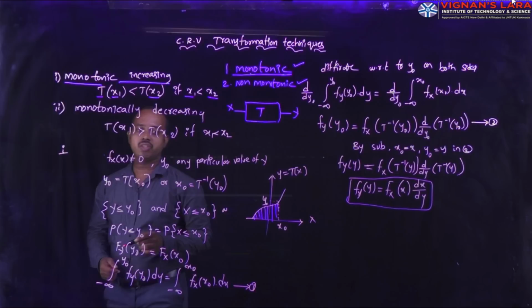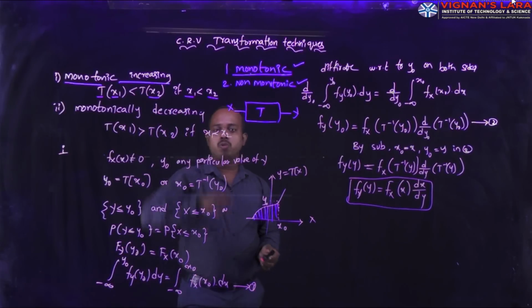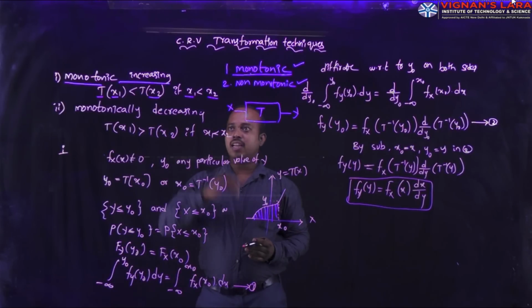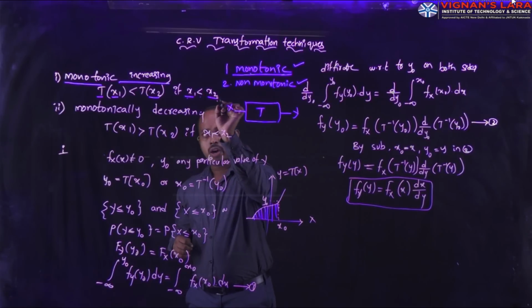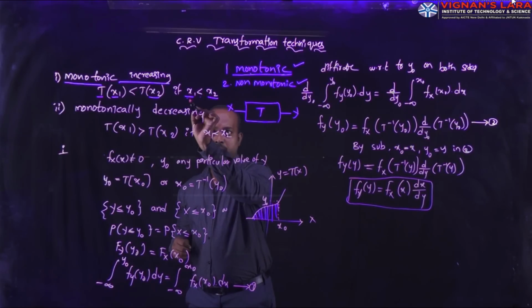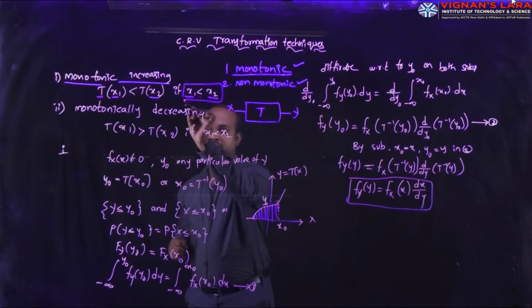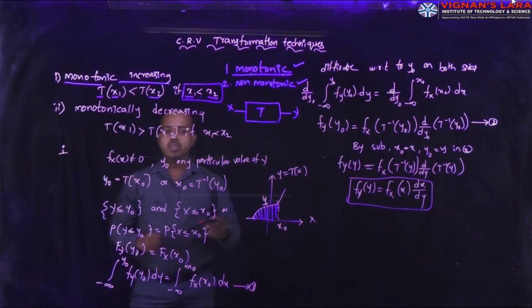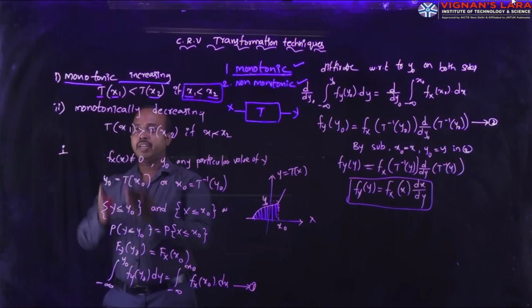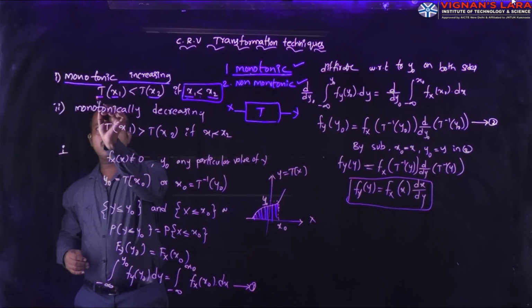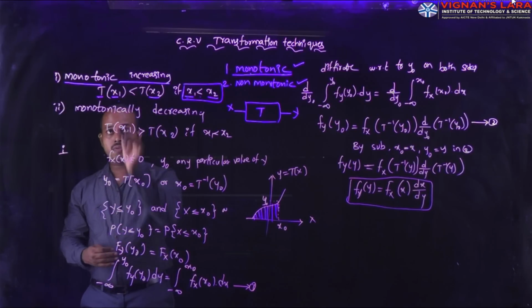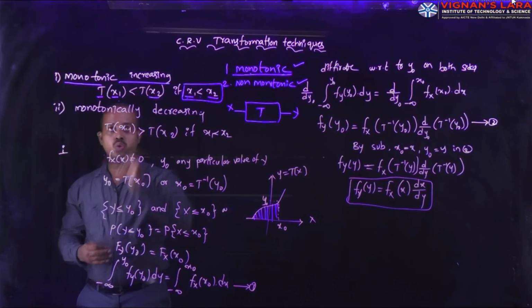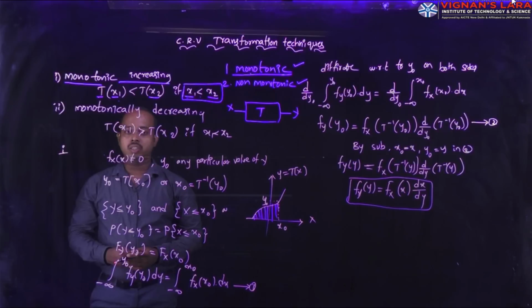Both x1 and x2 are in a serial sequence of numbers, where the x1 quantity is less than x2. I represent that relation with this comparison operator. For these values, in terms of the transformation, T of x1 is less than T of x2. This relation we call monotonically increasing.